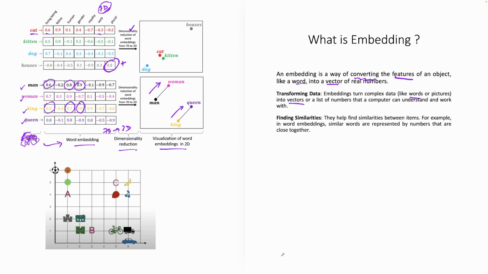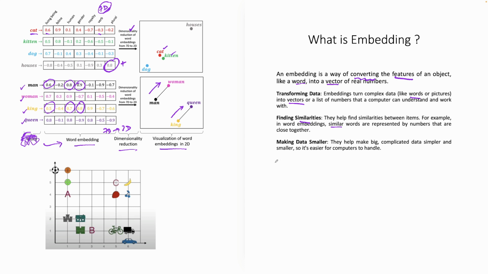And as we just studied, your purpose is to understand similarity. Like I said, a man is to a woman as a king is to a queen. These are kinds of similarities. Or a cat and a kitten are closely related to each other, rather than a dog or a house. So embeddings help find similarities between items. For example, in word embedding, similar words are represented by numbers that are close together, like the cat and kitten example.